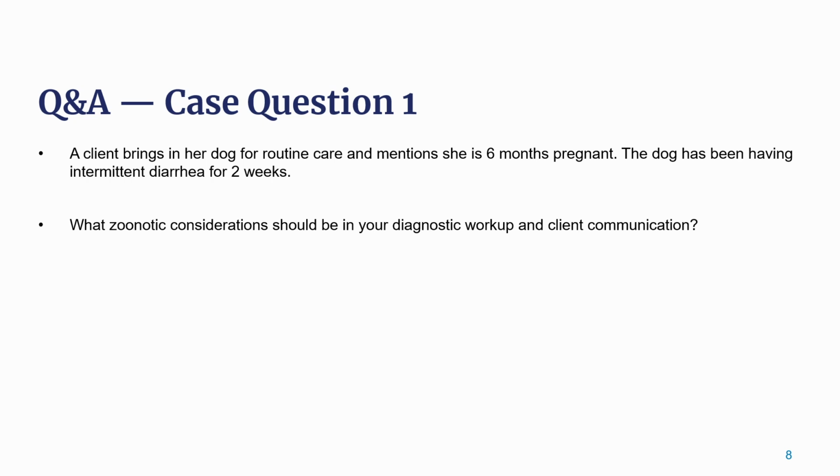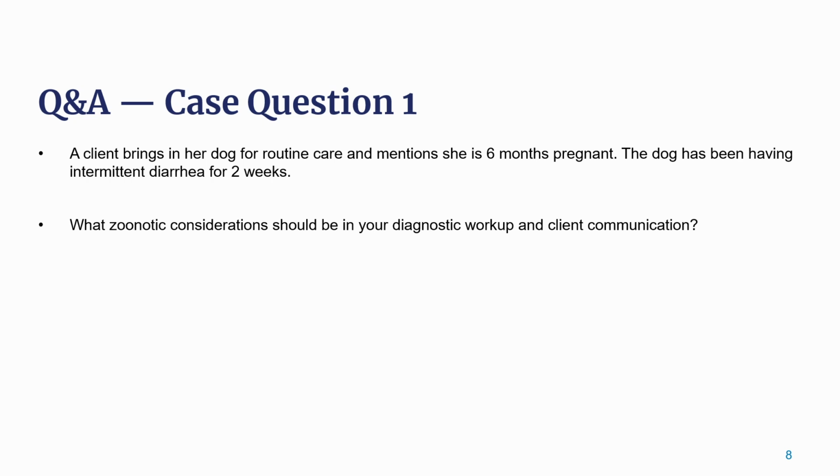Campylobacter jejuni is particularly relevant. It's shed commonly in dogs and cats, especially younger animals, and can cause bacteremia and fetal loss in pregnant women. Listeria is in the back of your mind if the dog has been eating raw food.